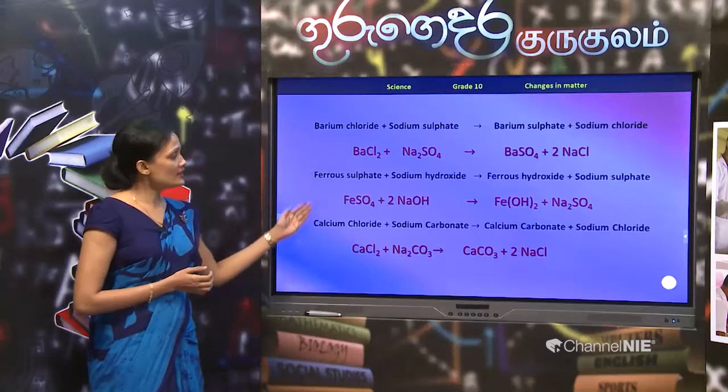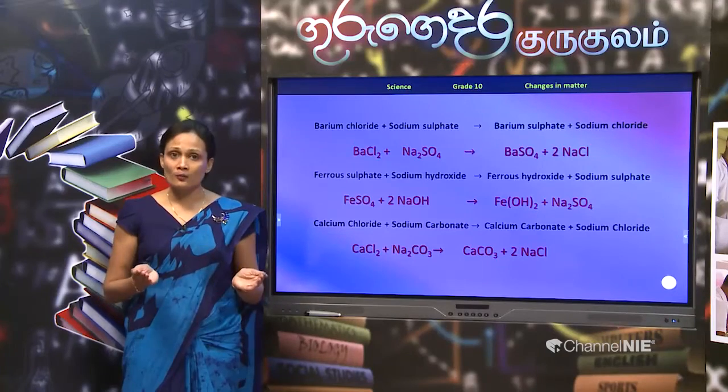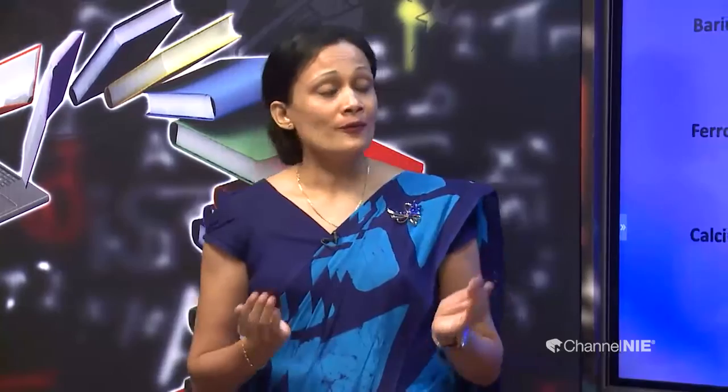If you observe these three reactions, you can see what happened there. Two reactants are reacting and forming new products where the elements and the radicals are interchanging. So likewise, if reactions occur in this manner, we can consider them double displacement reactions.